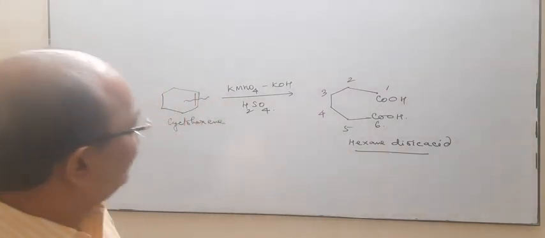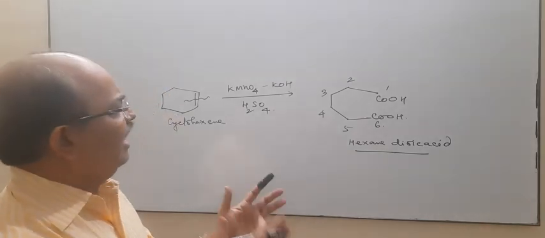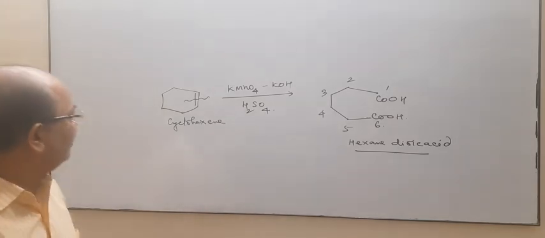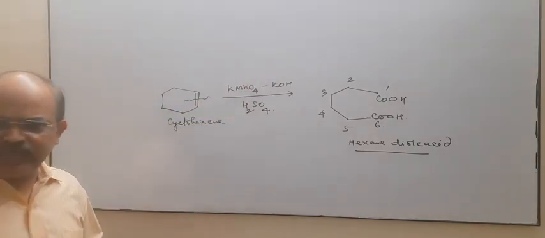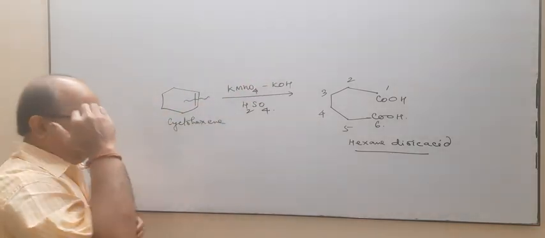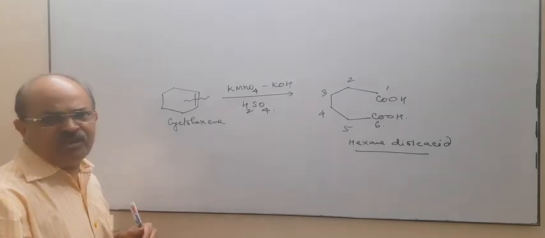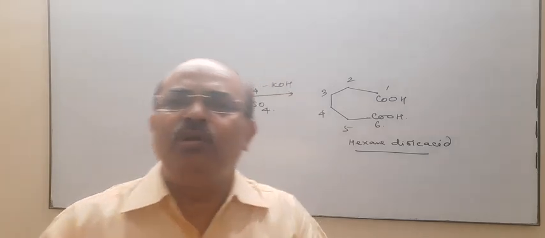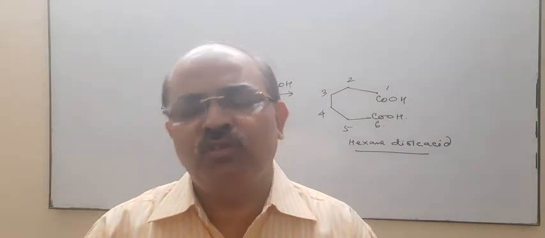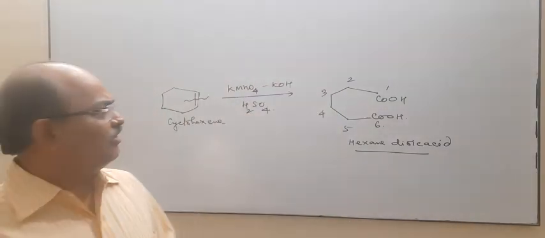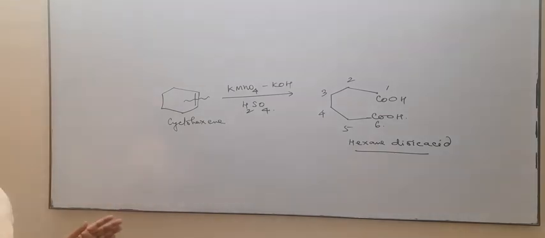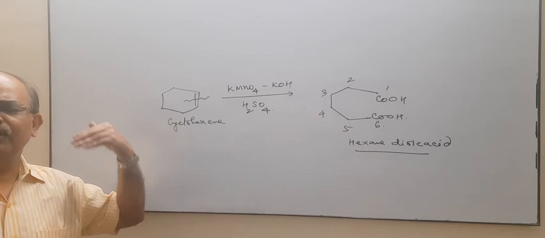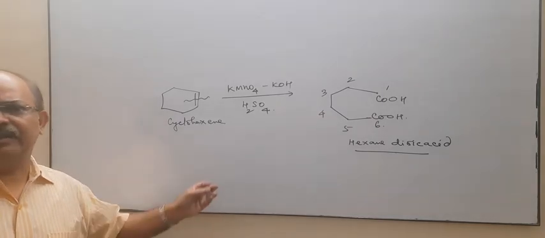It means you see the use of this alkaline KMnO4 oxidation process, that it even cleaves the double bond. So this is the preparation of benzoic acid by the oxidation of alkyl benzene or such related compounds.